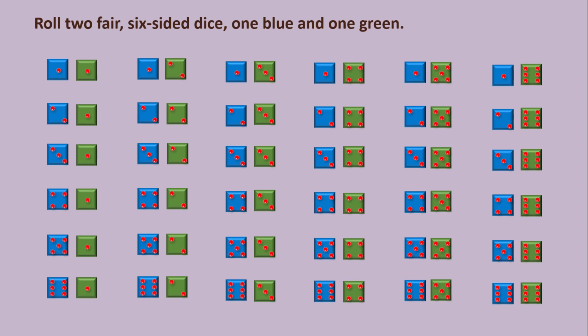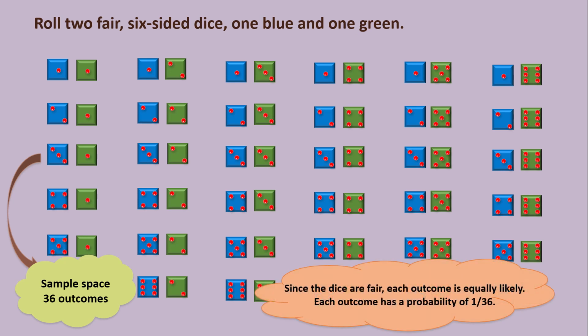Similarly, the second one, the one below the first one, is 2, 1. Blue die 2 and green die 1. So similarly, we can find each possible outcome. So this is the sample space. Is this equally likely? Yes. Since the dice are fair, each outcome is equally likely.